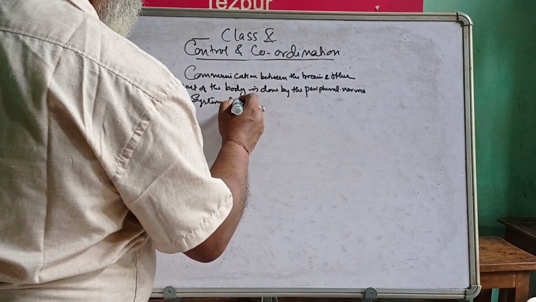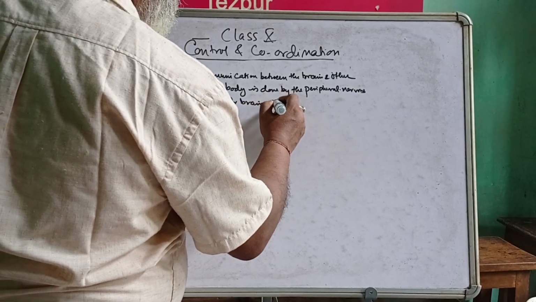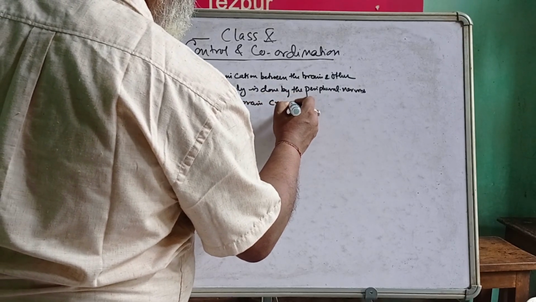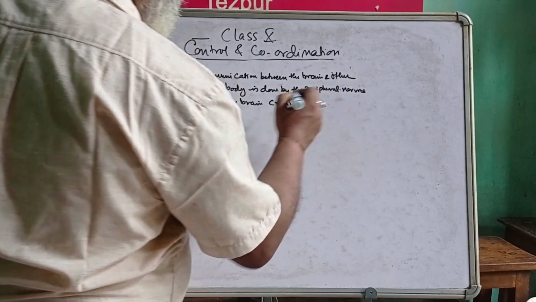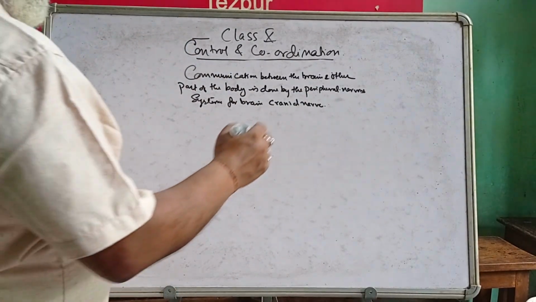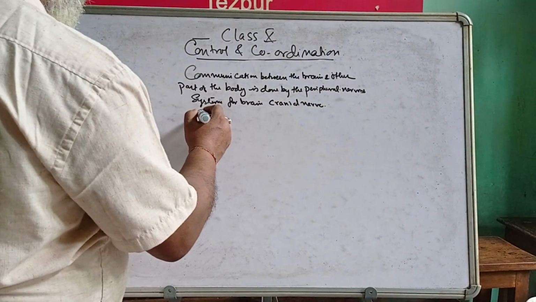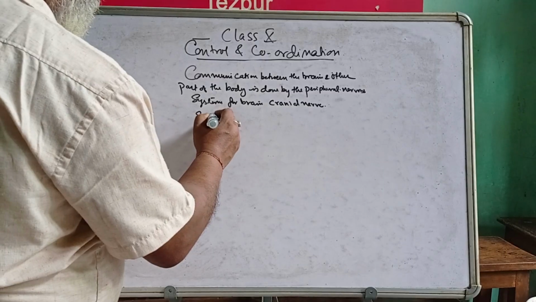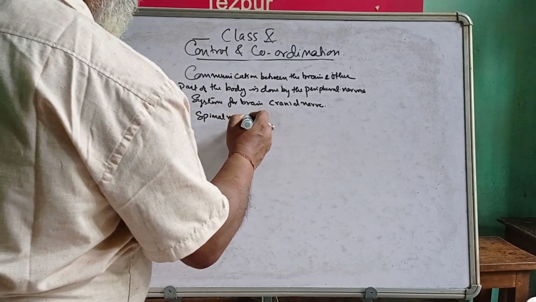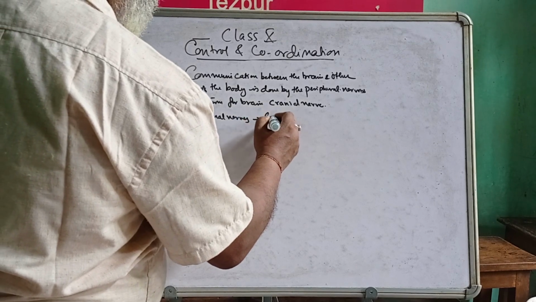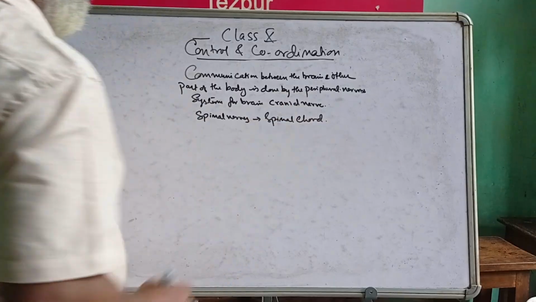For the brain, it is done by cranial nerves, and for your spinal cord, it is done by spinal nerves.